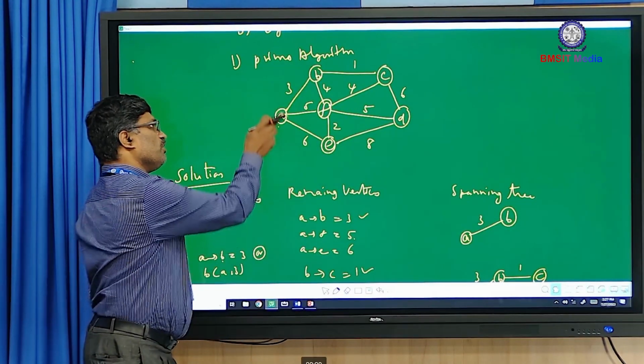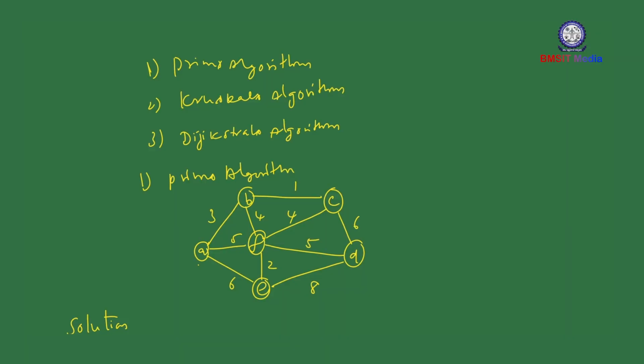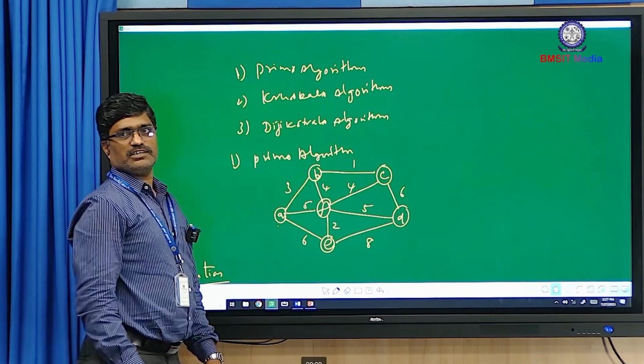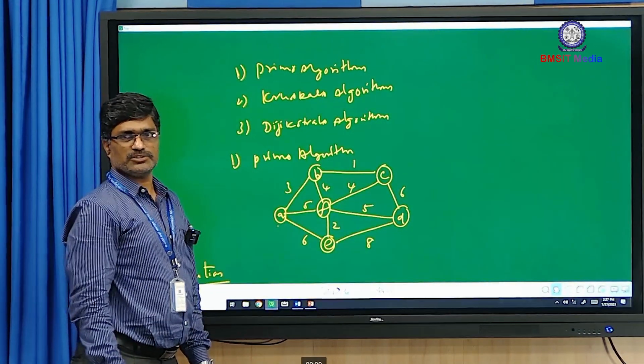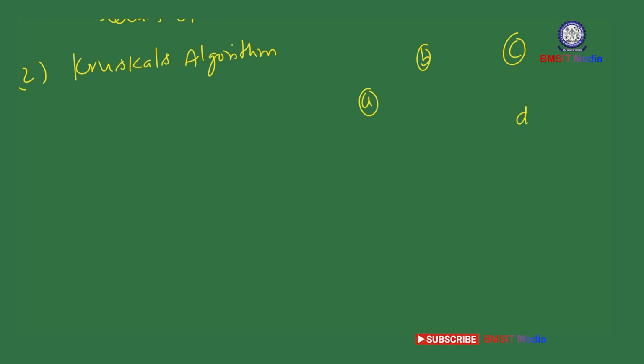Now I will be solving the second one, Kruskal's algorithm. The same diagram I will take. Kruskal's algorithm is easy to solve, but I will tell you how it works. A, B, C, D, E, F. Write the values.